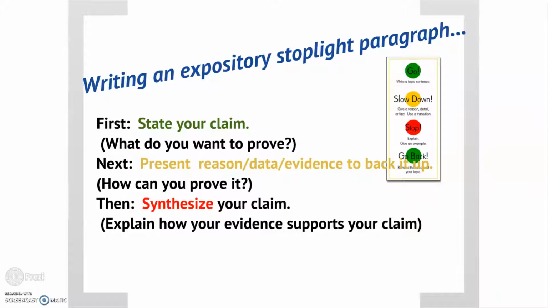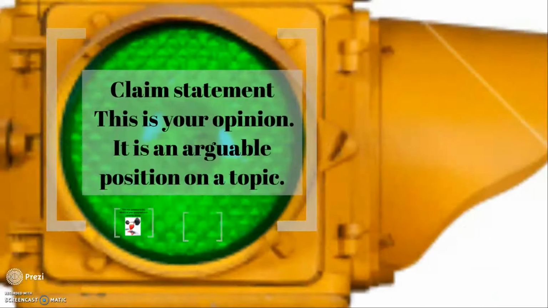You state your claim, you present your reason or data or evidence to back it up, and then you synthesize. You don't just end on data. You need to explain and make those connections. So you explain how your evidence shows your ideas and supports your claim. Just like in math, you want to think about showing your work. It's the same kind of concept. You want to show your work.